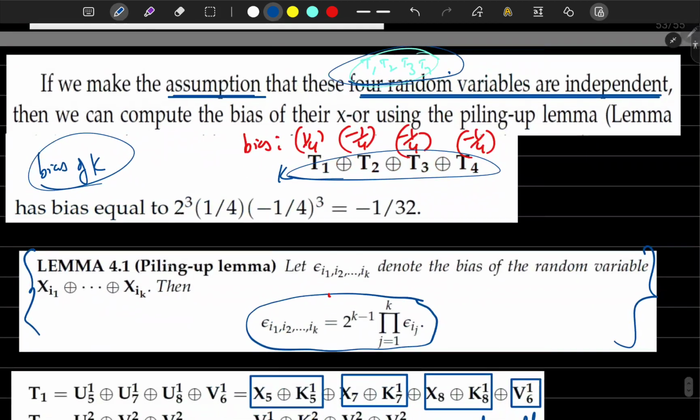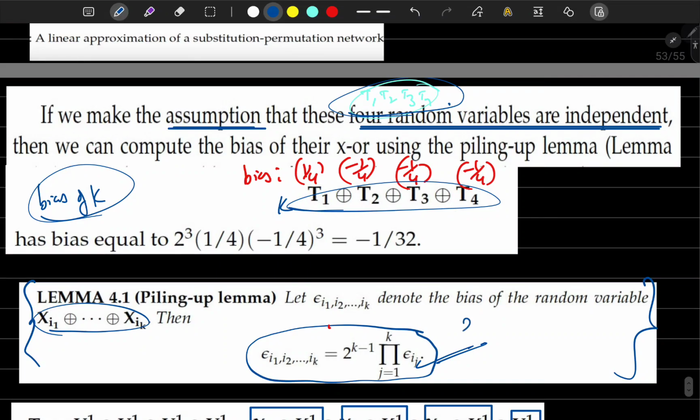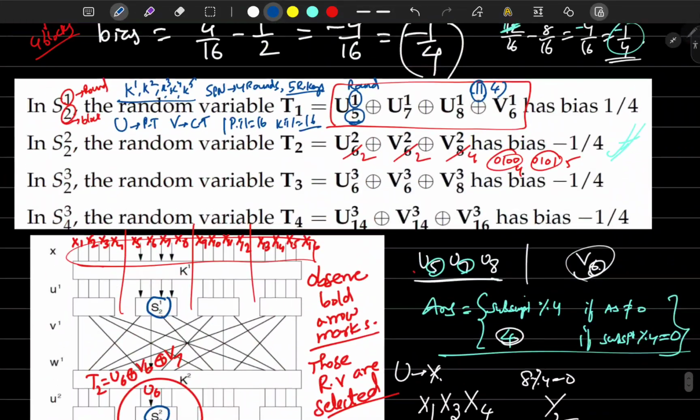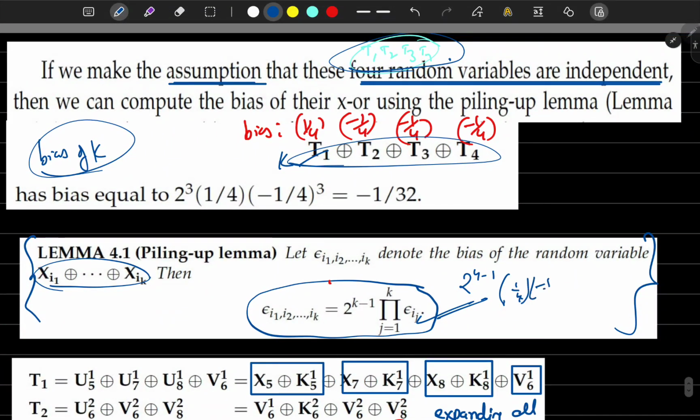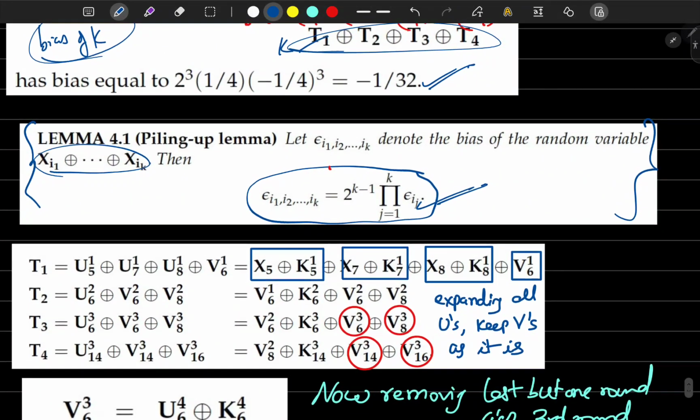Using the simple formula of the piling-up lemma. If all these are independent, you can find it using this formula. According to the formula, with 4 variables, it is 2 power 4 minus 1 times the bias of each variable. T1 is 1 by 4, and the remaining are all minus 1 by 4, so 1 by 4 times minus 1 by 4 whole cube, and finally you get it.